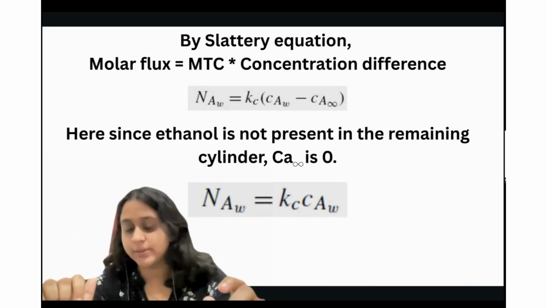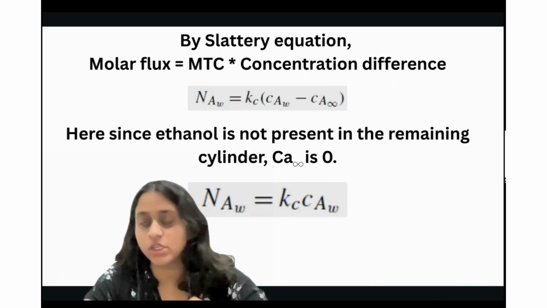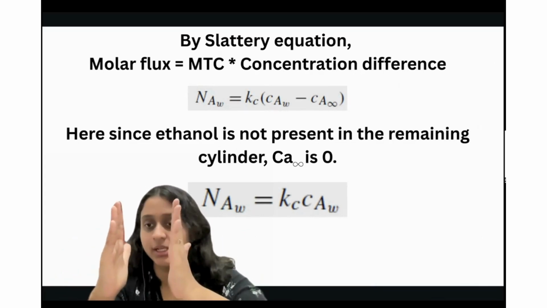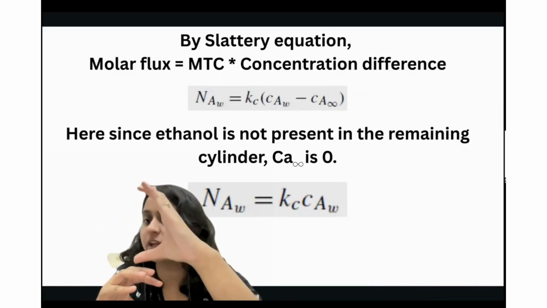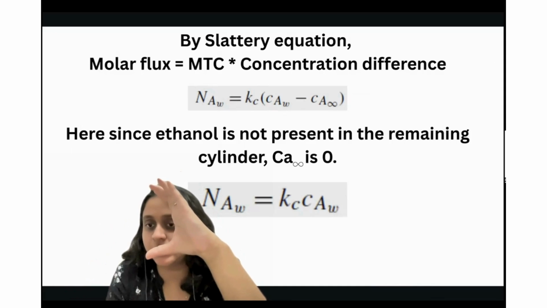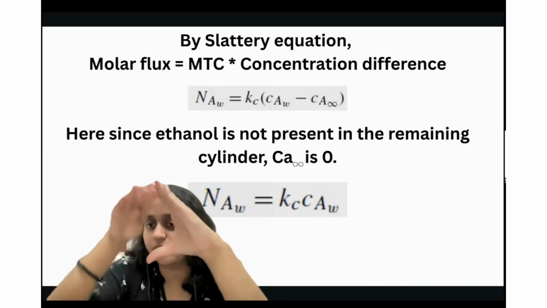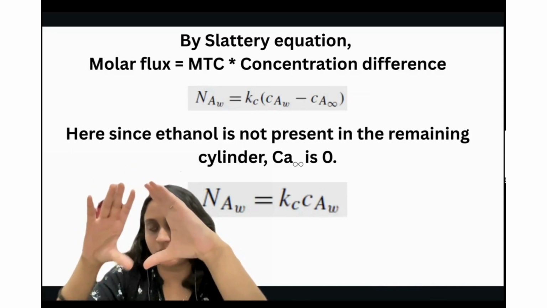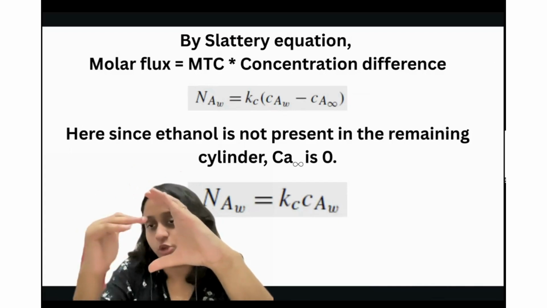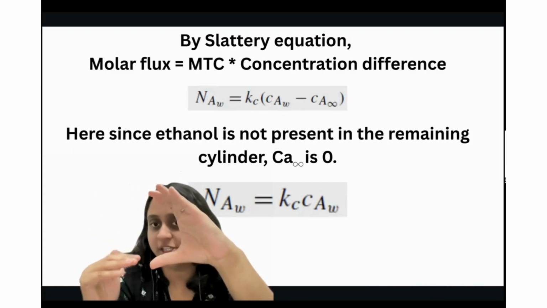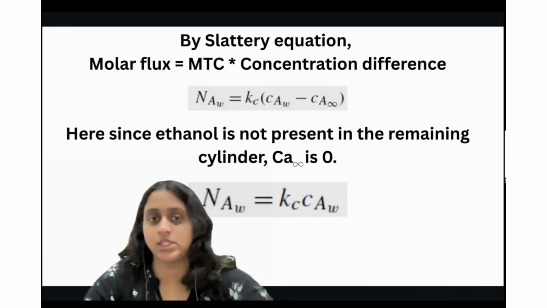What is C_A infinity? It is the bulk concentration of species A. Here in the cylinder, the 0.5 liter of ethanol is trapped and 1.5 liter is empty, and the ethanol is being diffused into this 1.5 liter. So this remaining 1.5 liter part is the bulk of the system. Since initially there was no ethanol present in that part, we can say that the bulk concentration C_A infinity is 0.